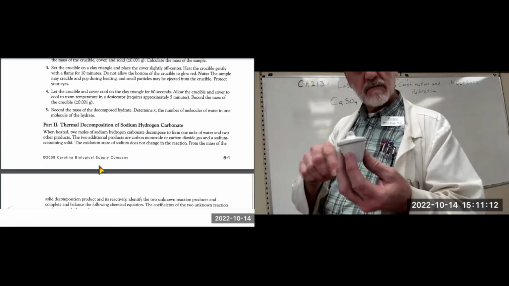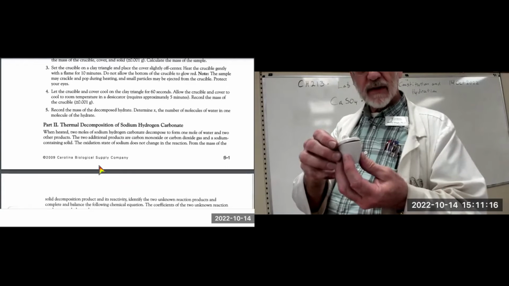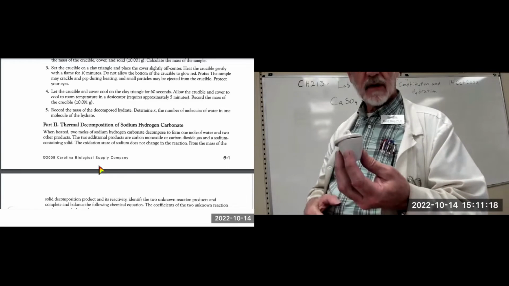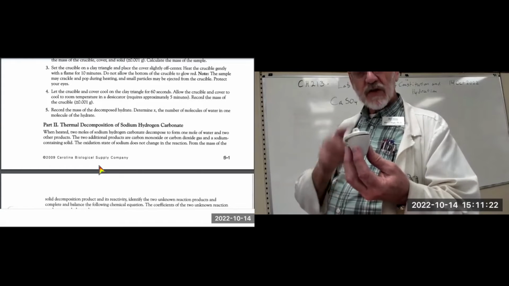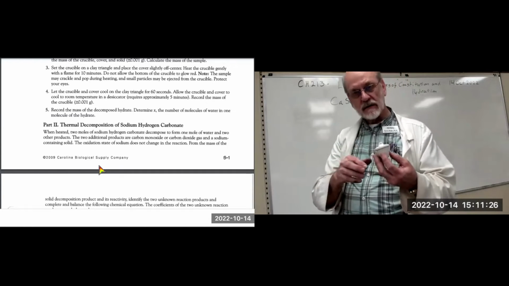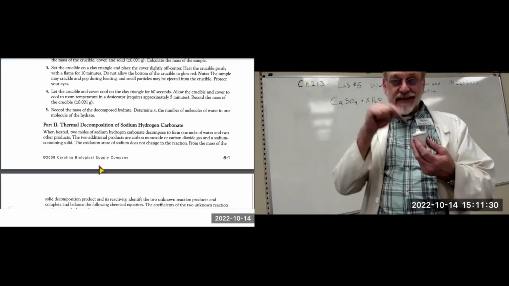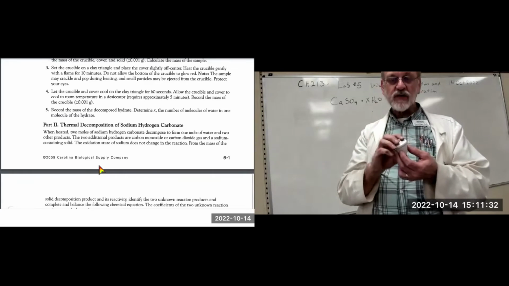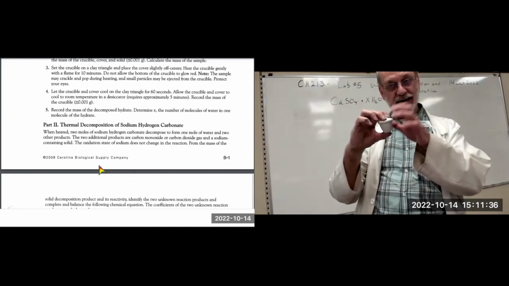Now, when you're heating whatever you put in there, you usually cock the lid off a little bit and leave a little bit of gap. You don't want to leave too much, just enough for the vapors to escape. And you keep the lid on it, because if it starts to spatter as it heats, then you want to keep everything inside the crucible. That's why when you weigh this without the material in it, you weigh it with the lid.